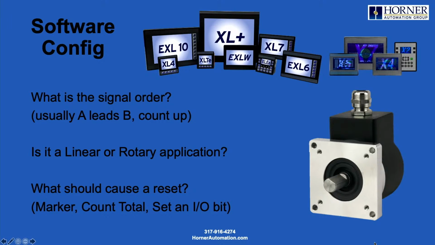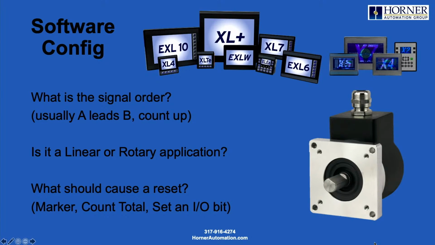Another question is, is this a linear or a rotary application? The reason that can be important is that it often matters when you're thinking about what's going to cause the encoder to reset to 0. If you've got a linear application, you're basically moving something from point A to point B, and that may be over many revolutions of the actual encoder itself. So what's really going to be 0, if you will, is probably some sort of home switch or home location.